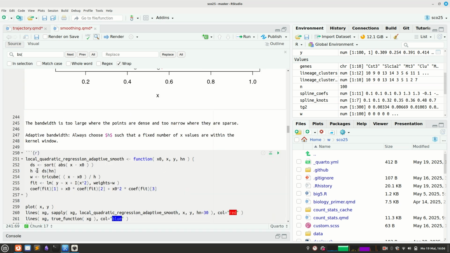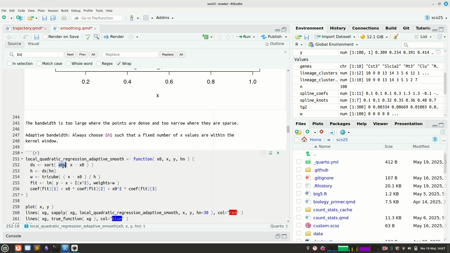And to do this in practice, I change my quadratic fit with the adaptive kernel by first calculating the distance of each data point's x value to my desired x naught value, where I put the middle of my kernel, and I sort by this. And now let's say I want to have always 40 under it, so 20 under the left wing and 20 under the right wing. Then I simply ask, what is the distance of the 20th furthest data point?